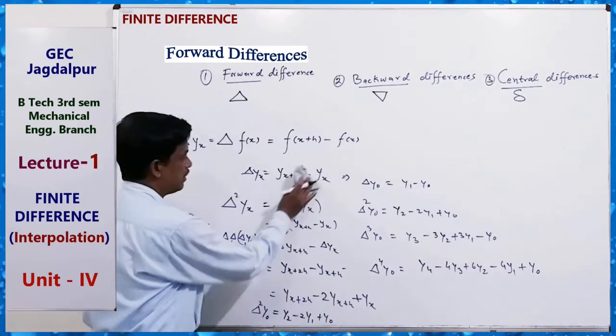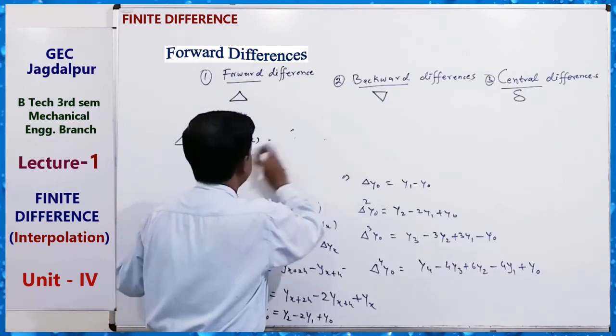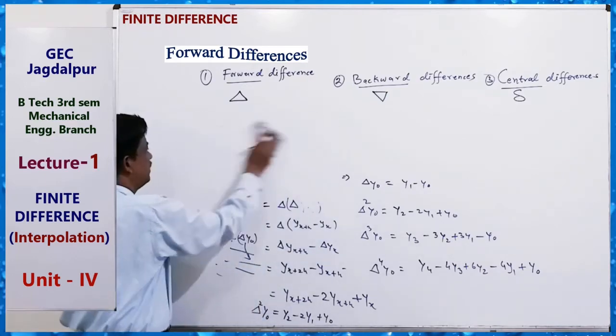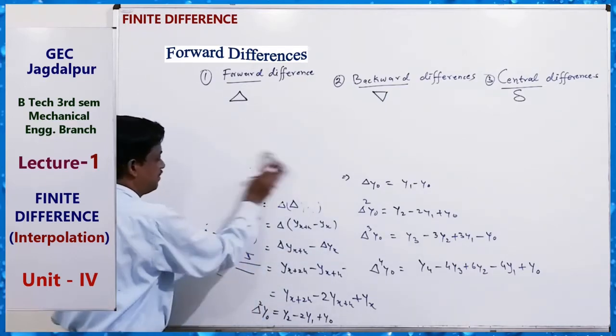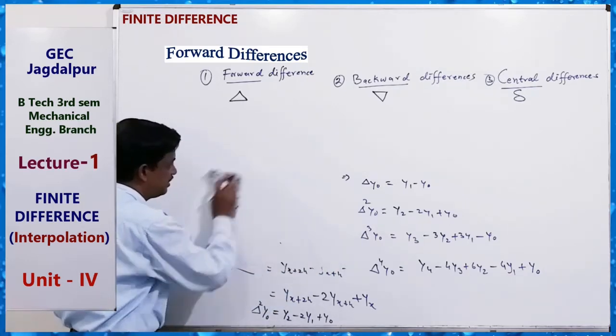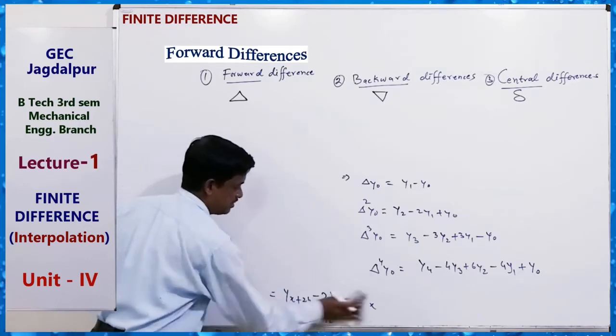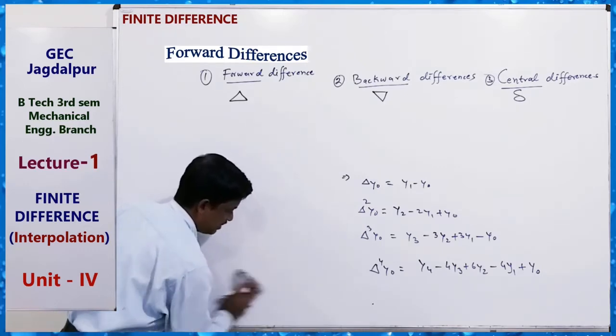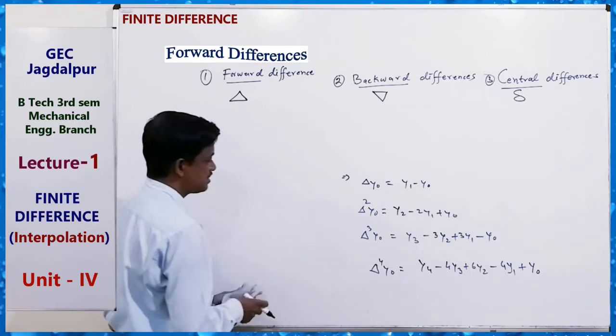From here we see that the differences involve binomial coefficients.